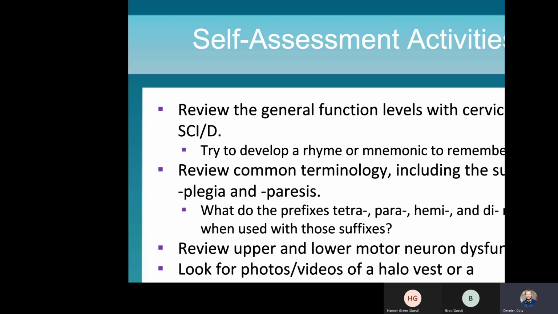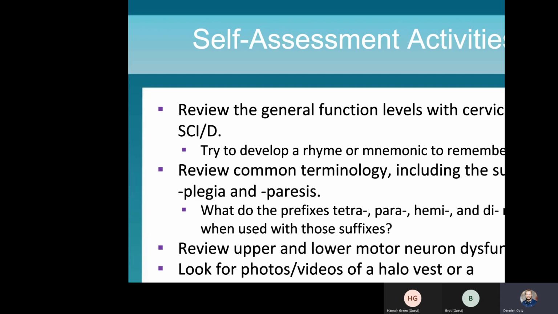So let's look at some common terminology first. What is paresis? Paresis versus plegia. Paresis is weakness, okay? So think about hemiparesis or hemiplegia.